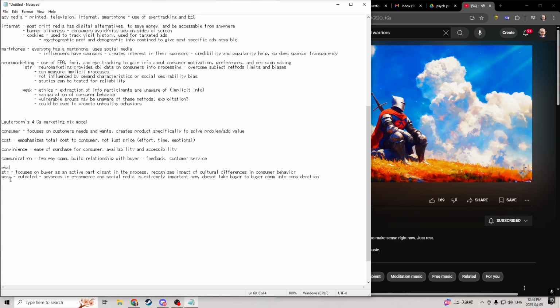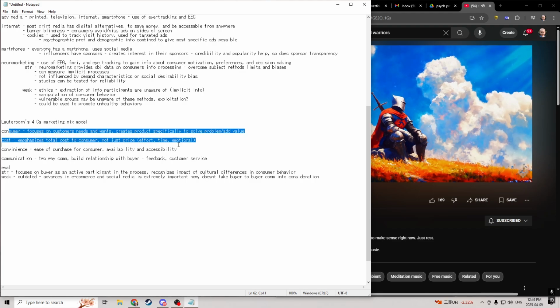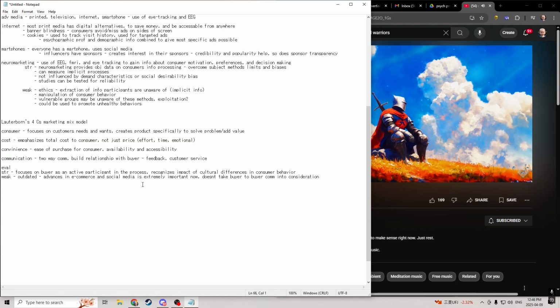Last thing, evaluation. Strength. So, Lauterborn's 4 C's marketing mix model focuses on the buyer as an active participant in the process and recognizes the impact of cultural differences in consumer behavior. Even though it doesn't say that anywhere inside of their slides or on my notes, we're just gonna roll with it because it's probably what it says in the textbook.